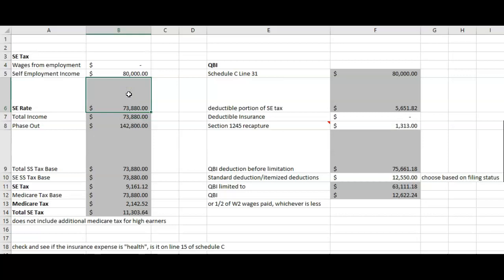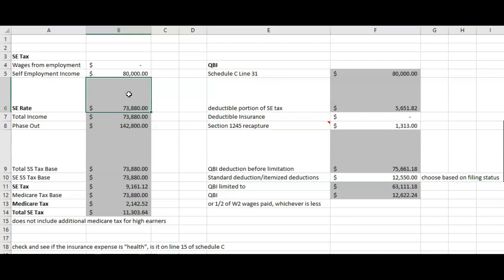half of the self-employment tax is already going to be deducted on itemized deductions. The self-employment tax includes the employer's portion of the self-employment or Social Security tax and Medicare tax. So that's already going to be included elsewhere in the tax forms.